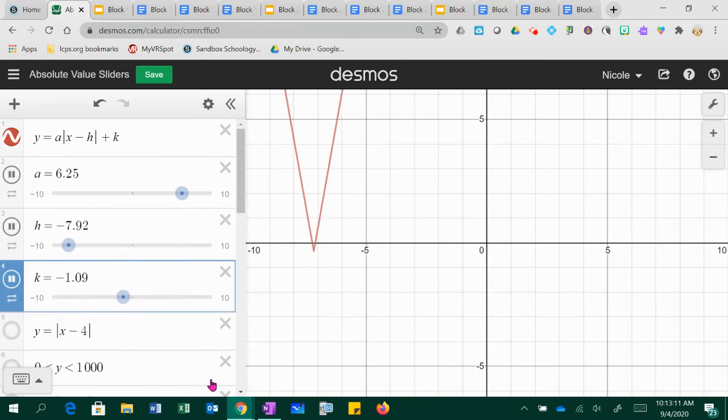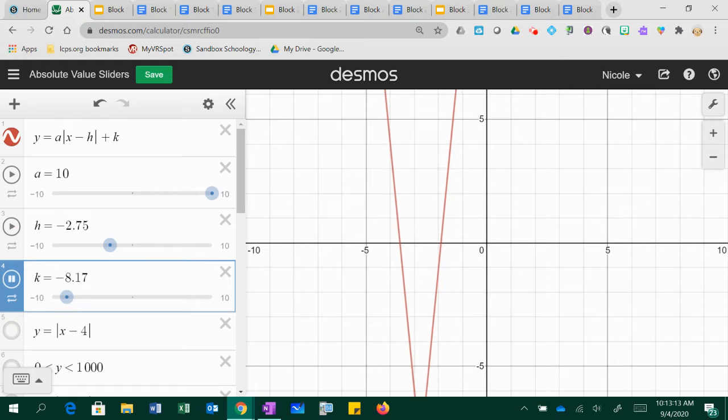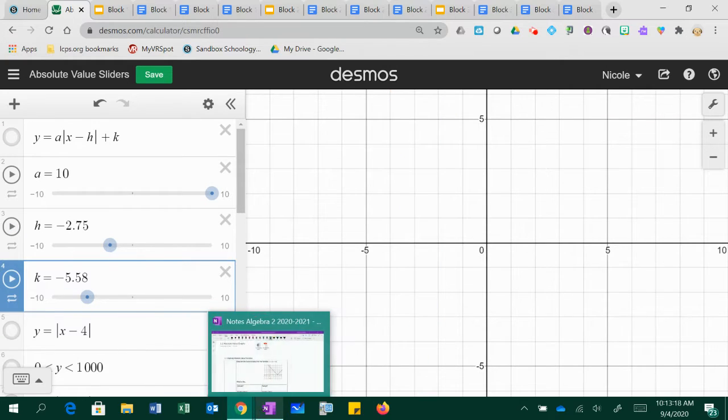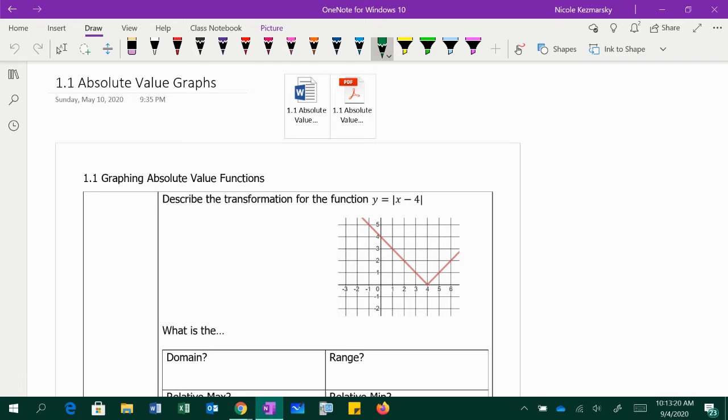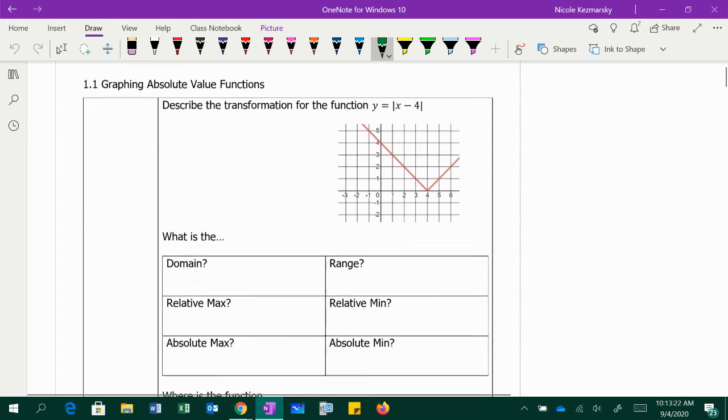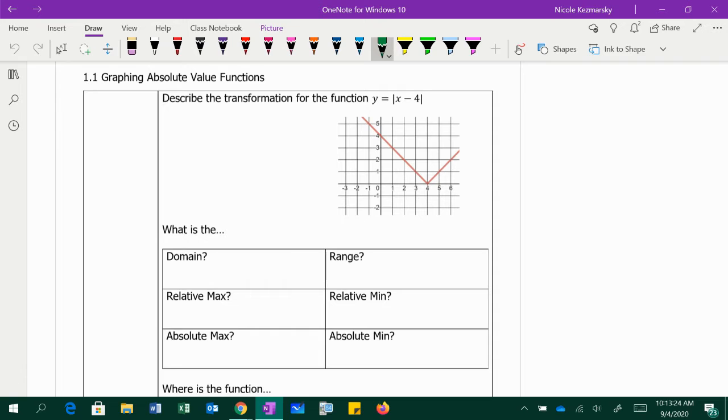So, knowing that, let me hit pause on these animations and we'll head back to our notes. And the first graph that we're going to look at and analyze is the graph of absolute value of x minus 4.